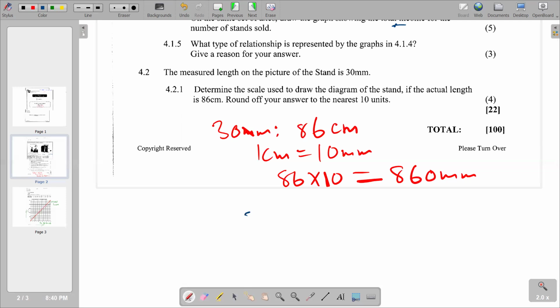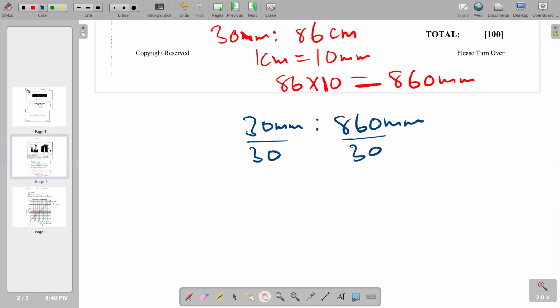You're going to say 30 millimeters as to 860 millimeters. And then obviously we divide by 30 on both sides so that this side remains as 1. So we divide by 30 and we divide by 30. 30 divided by 30 gives 1, so it becomes 1.